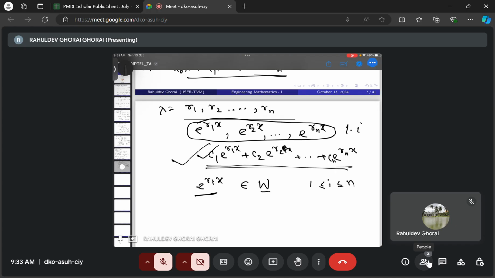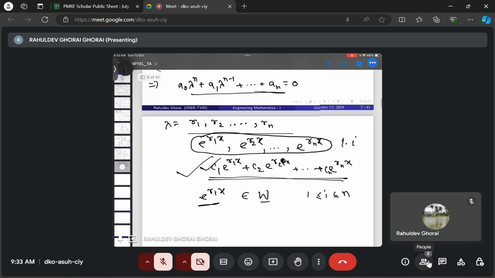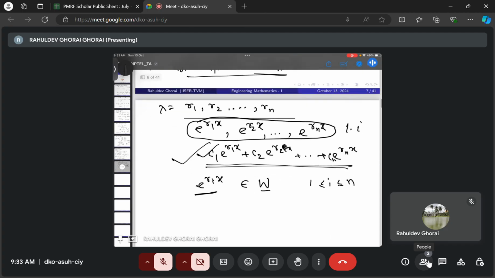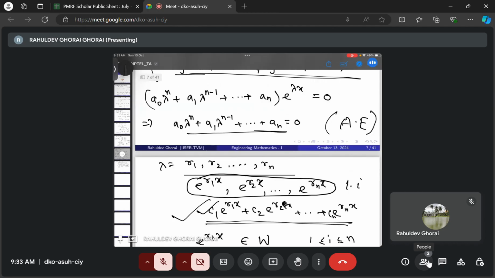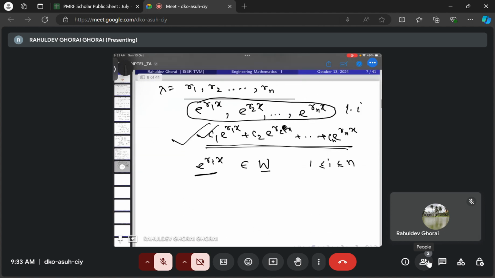See, you got very easily, or you have justified, what the auxiliary equation is and why you write c1 e to the power r1 x plus c2 e to the power r2 x and so on. For example, y double prime minus 5y prime plus 6y is equal to 0.